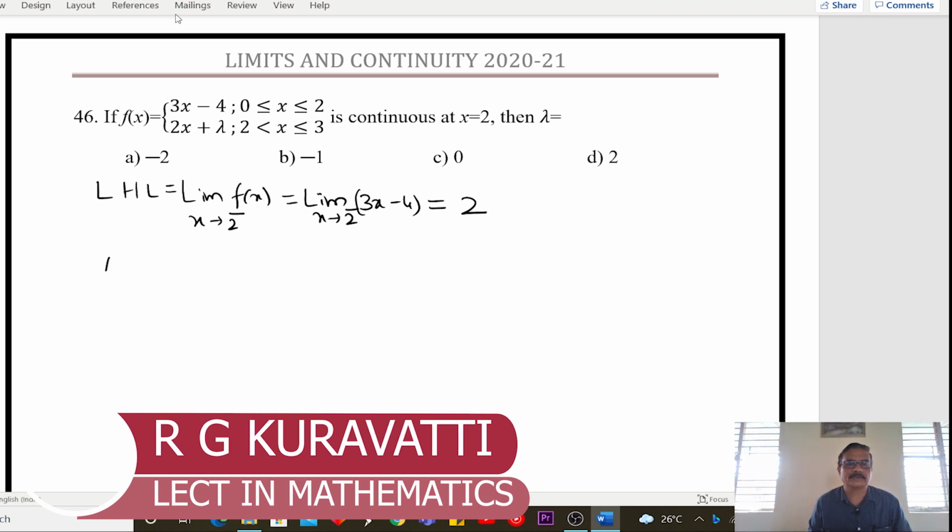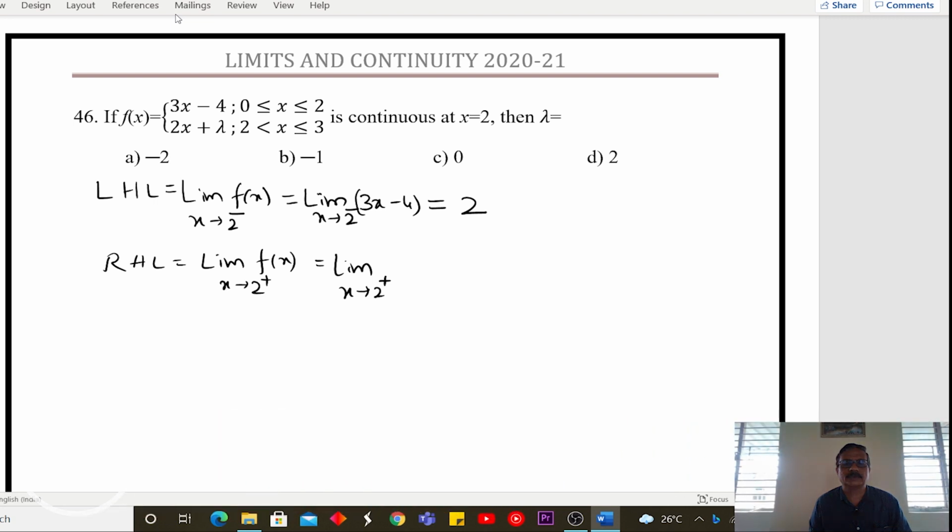Then to find RHL, RHL is equal to the limit of f of x as x tends to 2 plus. Select the function f of x such that x is more than 2. Here 2 less than x is the same as x more than 2, its corresponding value is 2x plus lambda.